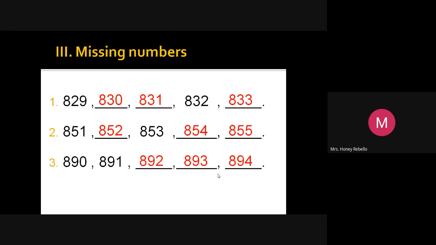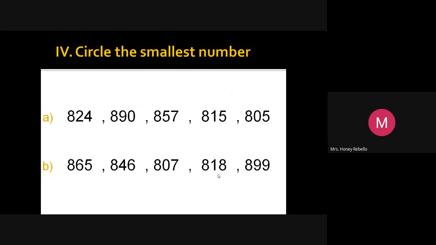Roman number 4. Circle the smallest number. Roman number 4 should be written in your margin. Then start capital C I R C L E. Circle.